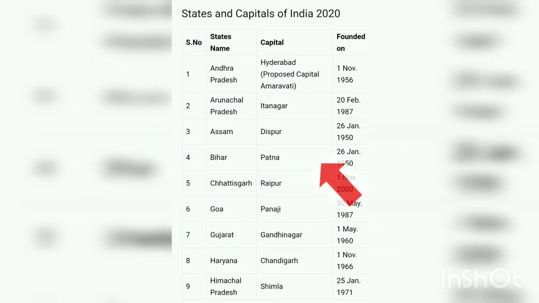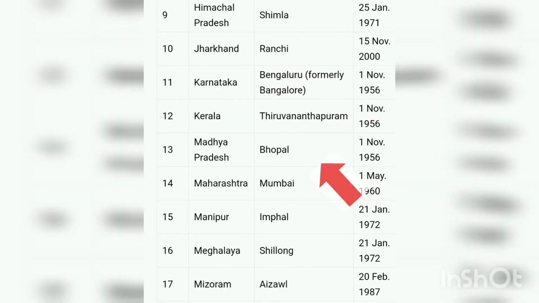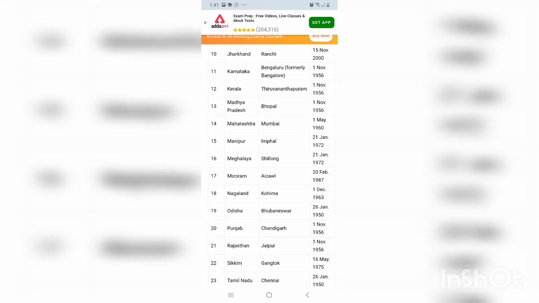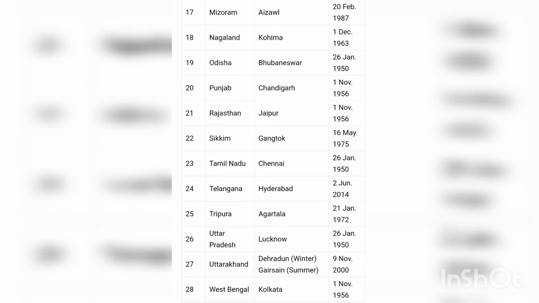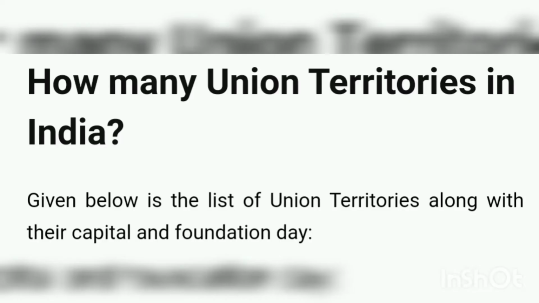So here they have given the list of the states and its capitals, which you can go through and note down in your notebooks. And also they have given you the union territories. So now you can look at here the union territories.